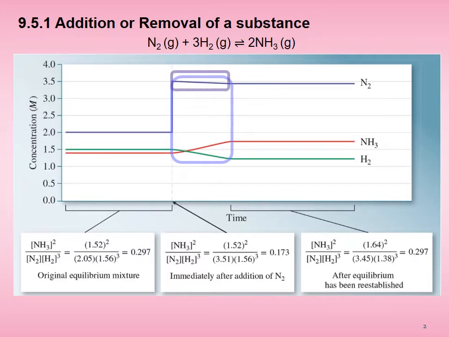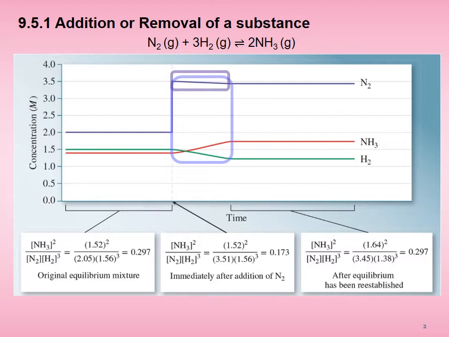How does the system get rid of the extra N2 molecules? The system can't eject the extra N2 molecules from the container. But what the system can do to bring down the N2 concentration is by using up the N2 molecules. It makes them react with the H2 molecules present to produce some ammonia molecules.